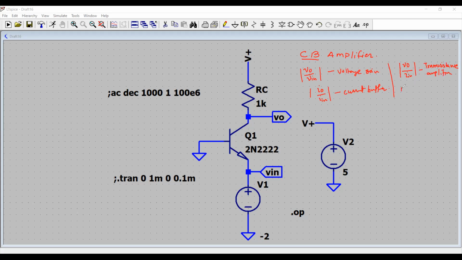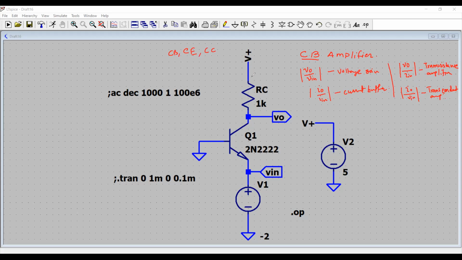And finally, you can have the output current divided by the input voltage, which we call a transconductance amplifier. So there are four such possibilities in almost any configuration using BJT, whether common base, common emitter, or common collector. All these configurations are possible.